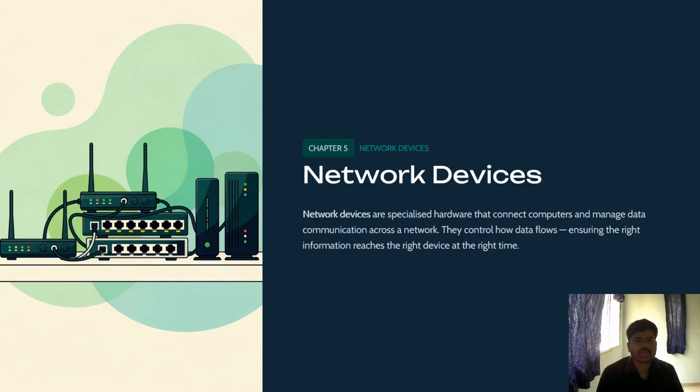So now let us understand network devices. Network devices are hardware devices that connect computers and manage data flow. Without these devices, communication is not possible. They act like traffic controllers.